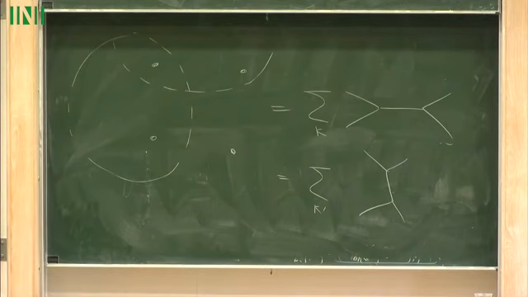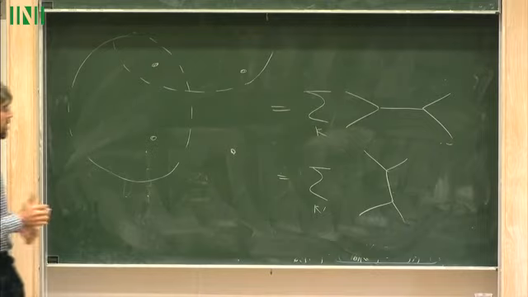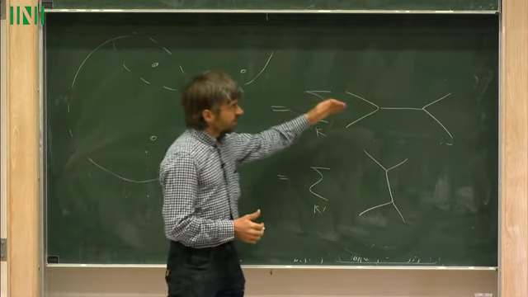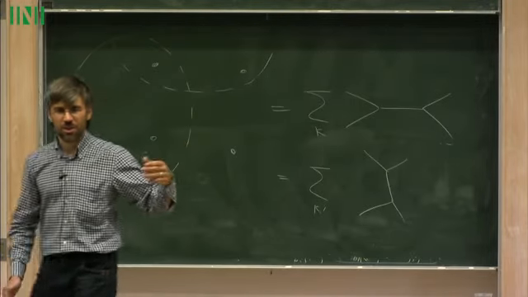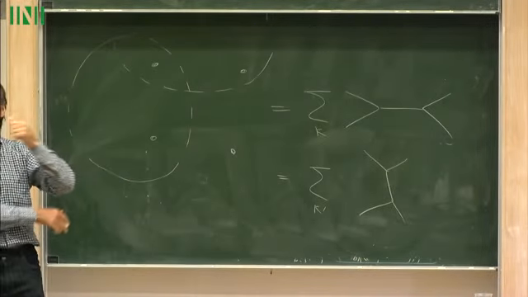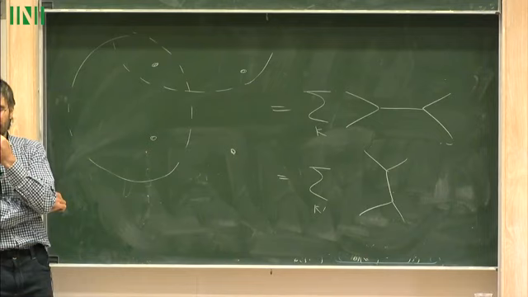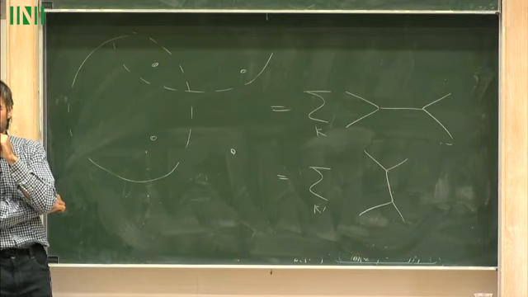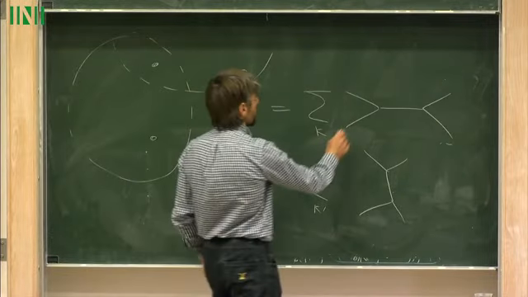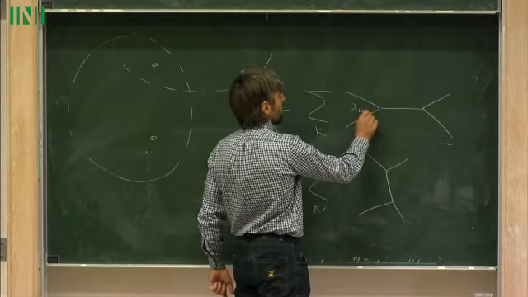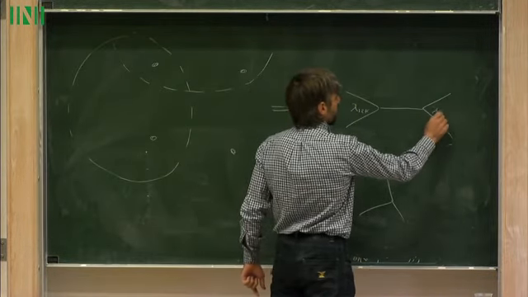You can convince yourself that if you solve this constraint for all operators, then you don't have to consider higher-point correlation functions. Such constraints are going to be satisfied also for higher correlation functions. 4-point functions are enough. And so these are quadratic constraints. So you have here lambda 1 2 k, lambda 3 4 k.